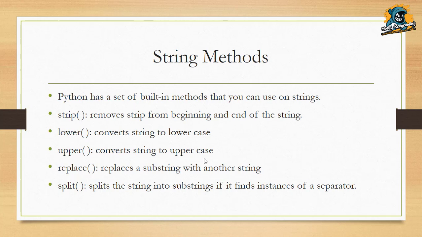Lower would convert the string into lowercase, upper would convert the string into uppercase, replace would replace a substring in a string with another substring, and split would split the string into multiple substrings with respect to a separator. This method returns the substrings as elements of a list, and list is a data type in Python which we are going to see in later videos.